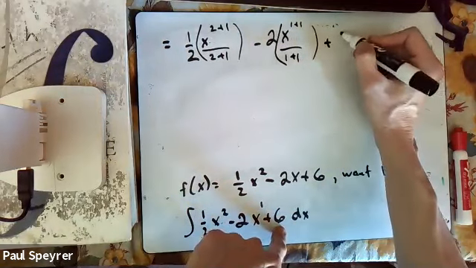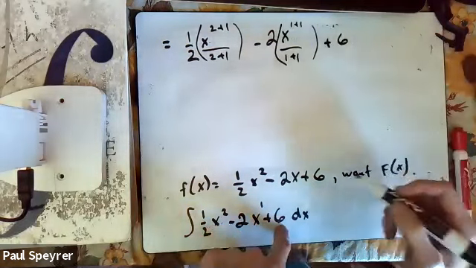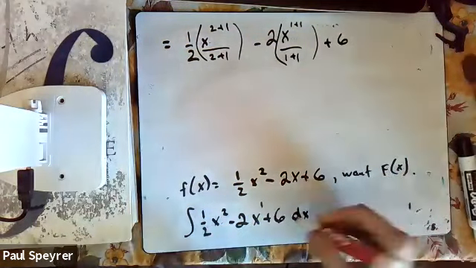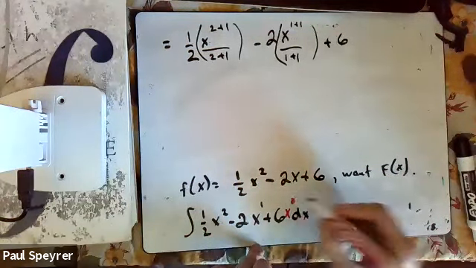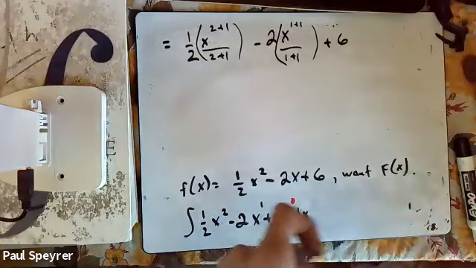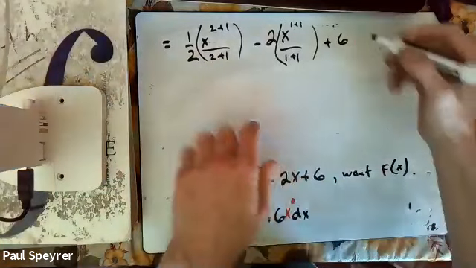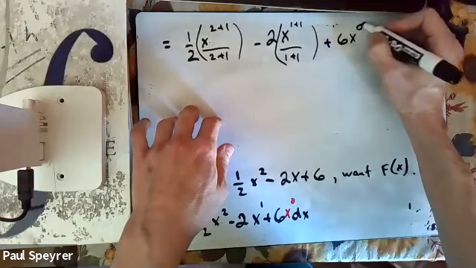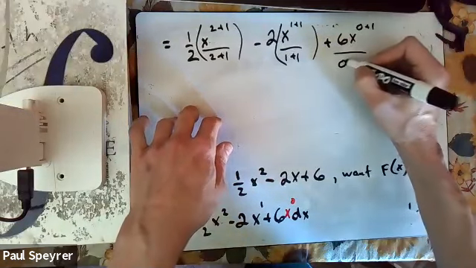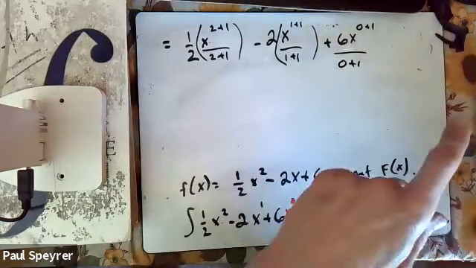Or plus 6, and remember that's like saying x to the 0, a constant. So this is x to the 0 plus 1 over 0 plus 1.